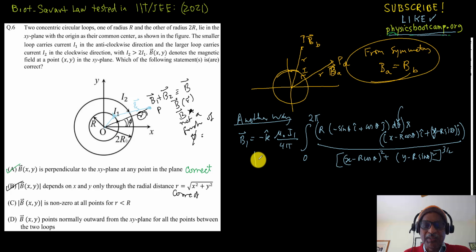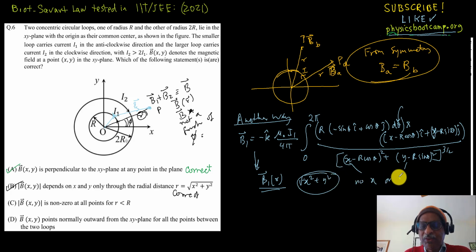Now, to show that B1 is simply a function of r, when you write down B1, x and y come in the form of x squared plus y squared. There's no x or y by themselves, okay?